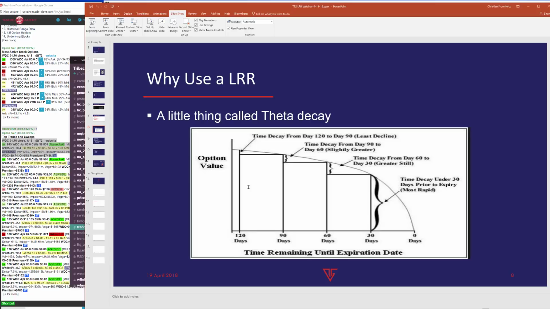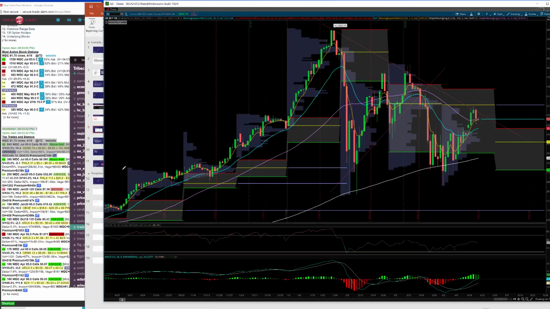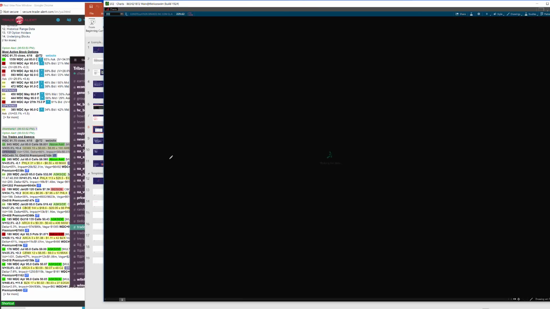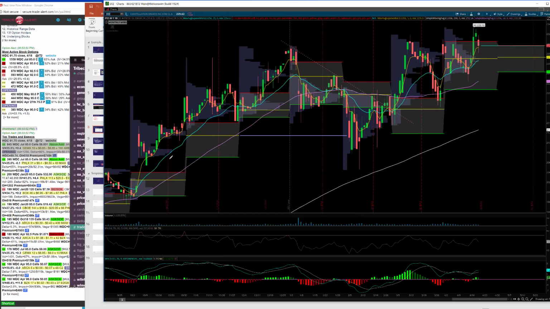Well, technically, as soon as you're at 240 and 29 cents, you're in the profit range. So if we were to expire at 242 and 50 cents, if you had just bought the call, you would have broken even and all that stress for nothing on expiration, right? And with the limited risk reversal, hey, you just made $250 per one lot. So that's a secondary advantage. It's the theta decay protection that you get.